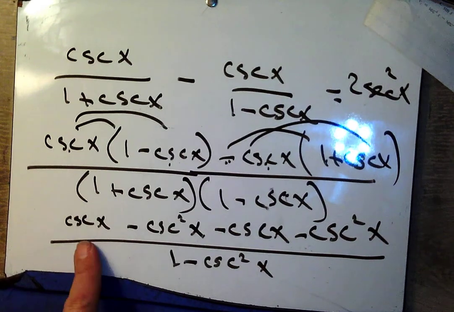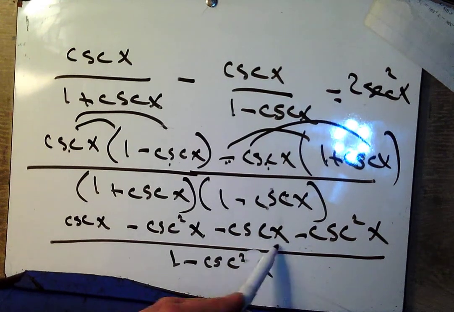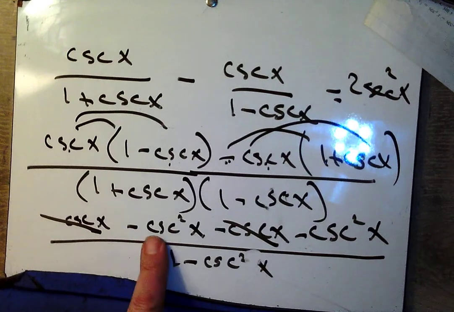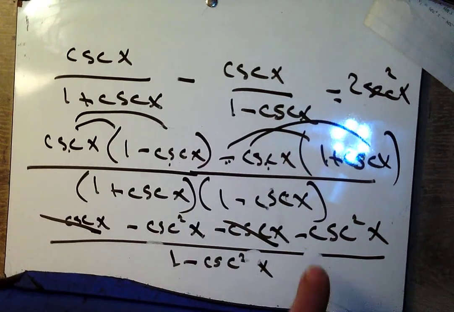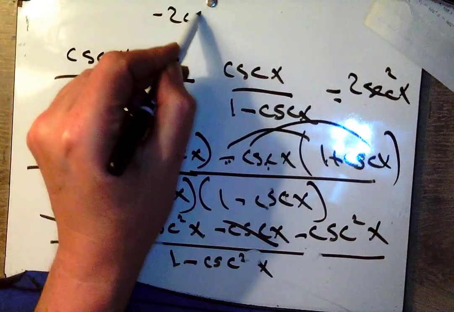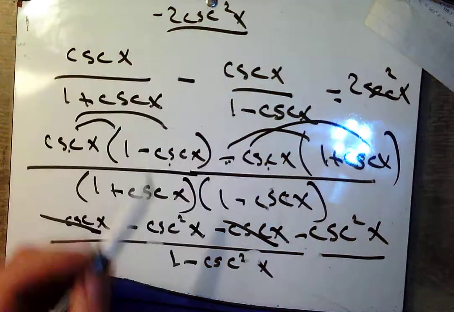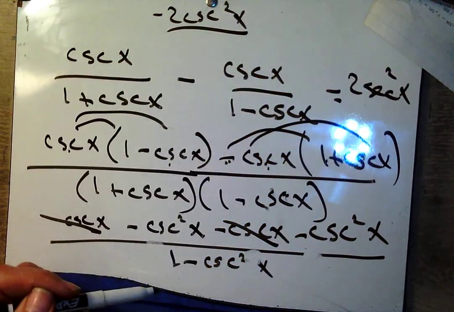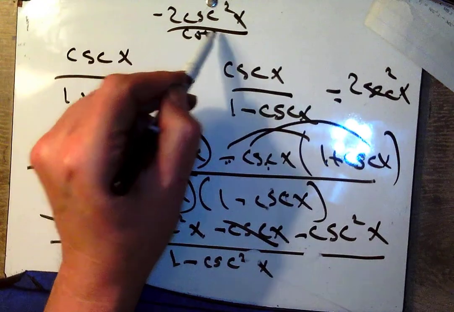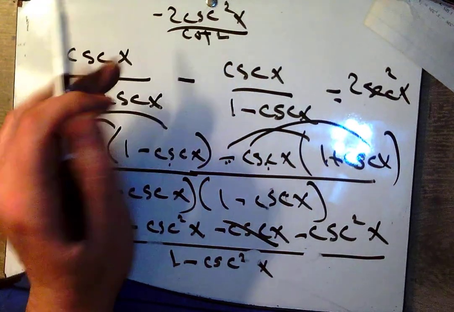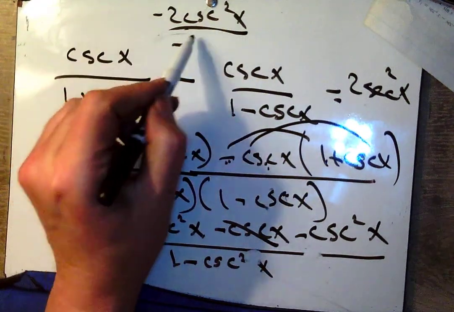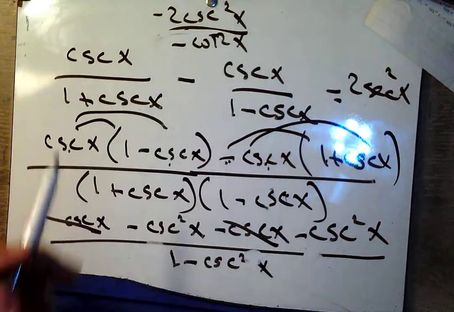Well, cosecant minus cosecant. Minus cosecant squared is going to be minus 2 cosecant squared. And on the bottom, 1 minus cosecant squared, well, that's cotangent squared. No, it isn't. It's negative cotangent squared.